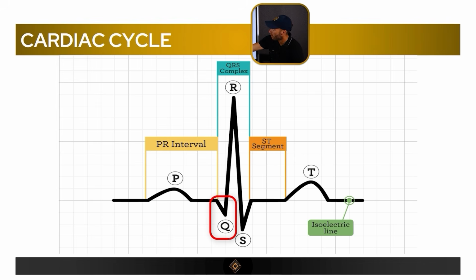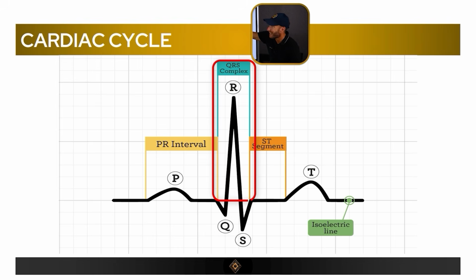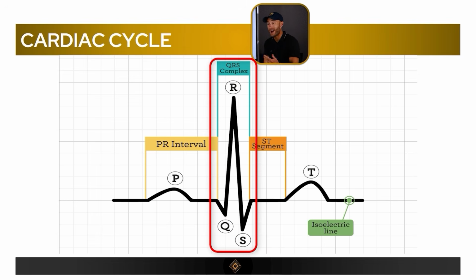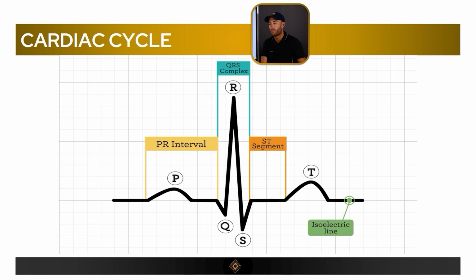The first negative deflection is Q. The second positive deflection on the whole EKG is the R wave. And the second negative deflection on the whole EKG is the S wave. The QRS combines to make a complex called the QRS complex. This complex represents when the ventricles depolarize, when electricity is going through the ventricles.